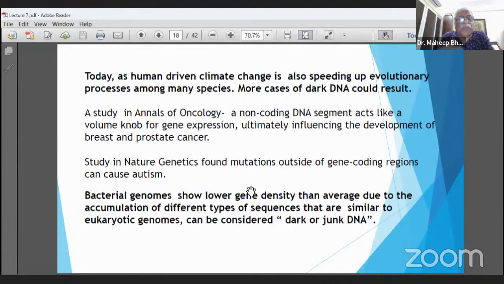Because breast cancer and prostate cancer are basically developed because of an abnormal protein produced due to abnormal functioning of a gene. And it is said that these non-coding regions or dark genes may be acting as a switch or a knob for regulating the expression of the genes which are responsible for the development of breast and prostate cancers.